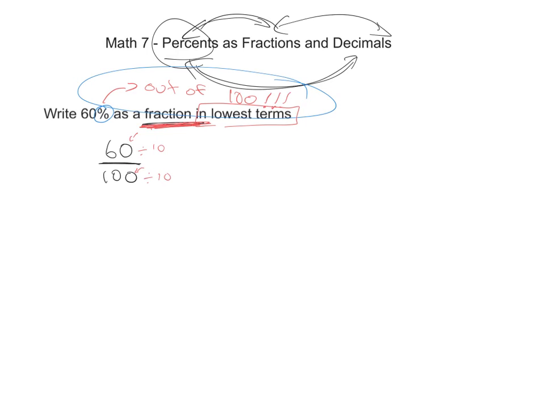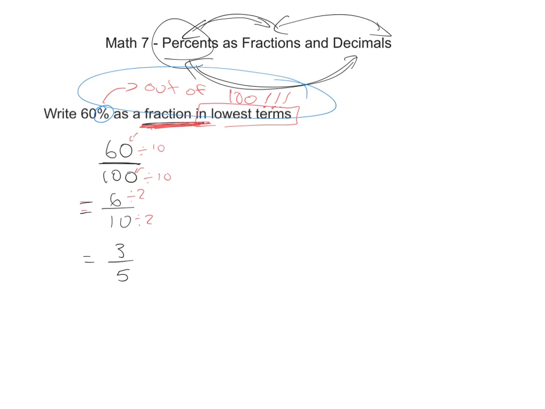So this is what I'm trying to do. I'm trying to reduce this down to its lowest terms. So 60 divided by 10 leaves me with 6. 100 divided by 10 leaves me with 10. Now I ask myself, well, is there another number that I can divide the top and bottom by? You can see, hey, both even. I can divide the top and bottom by 2. So I end up getting 6 divided by 2 is 3. 10 divided by 2 is 5.